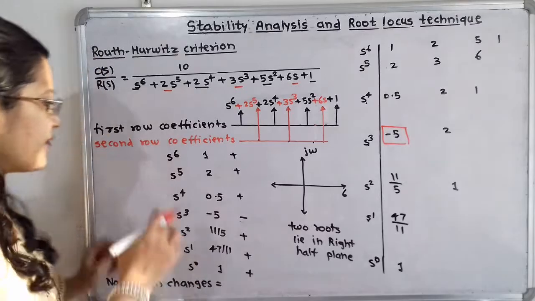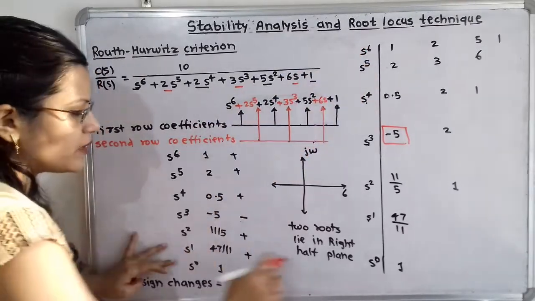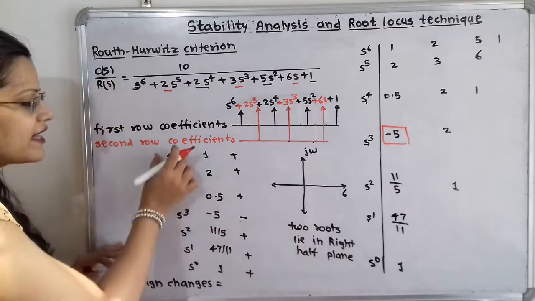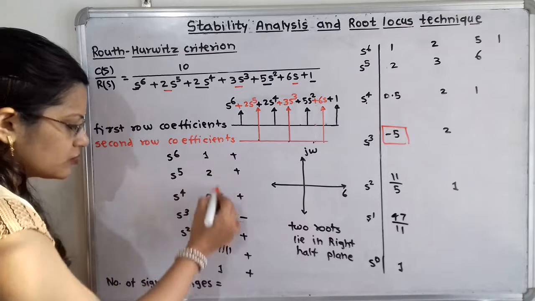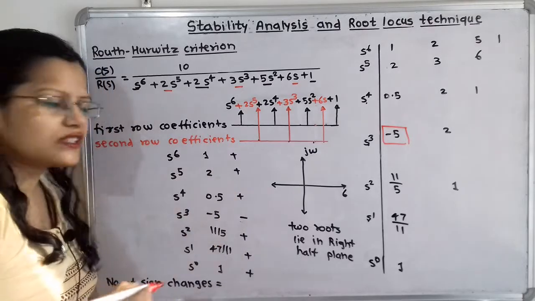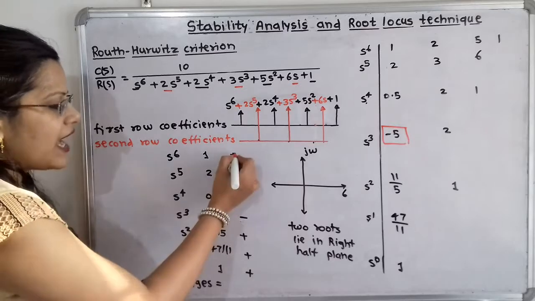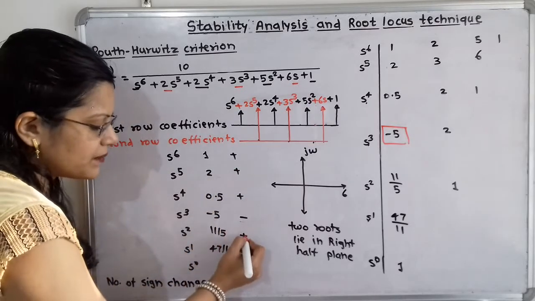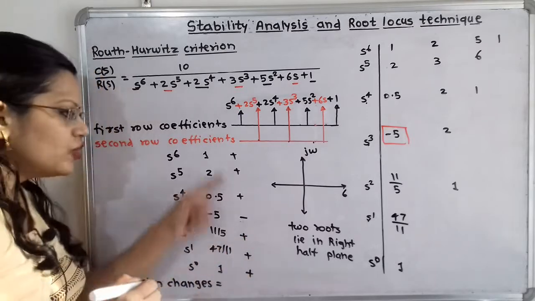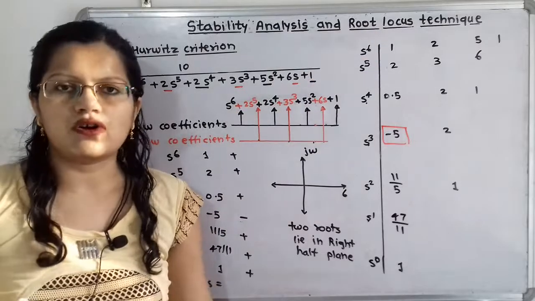So for that I will write all the values from s raised to 6 up to s raised to 0, and regarding that we will write the values in the first column. Here I will write the signs: positive, positive, positive, then negative, then again positive, positive, positive. These are the signs that appear in the first column.